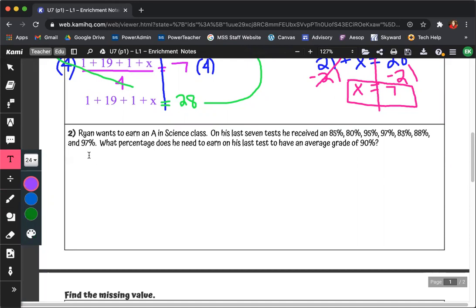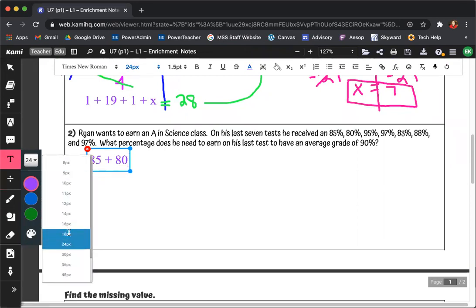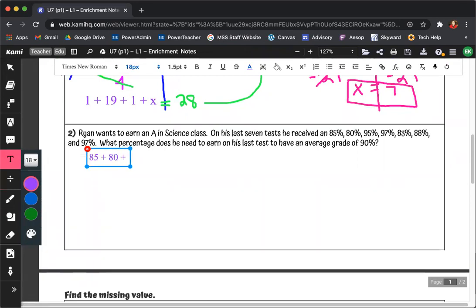So let's think about what he has so far. He has 85 plus 80 plus 95 plus 97 plus 83 plus 88 plus 97. Let me just double check. 1, 2, 3, 4, 5, 6, 7.